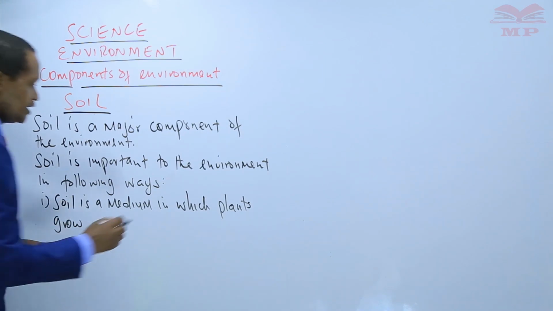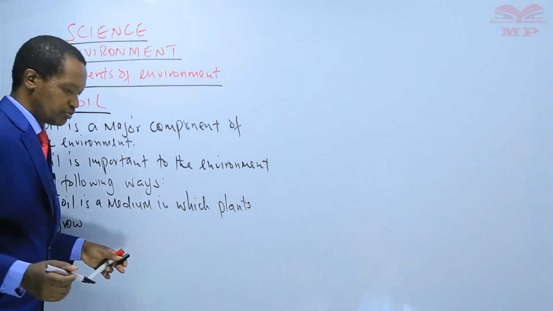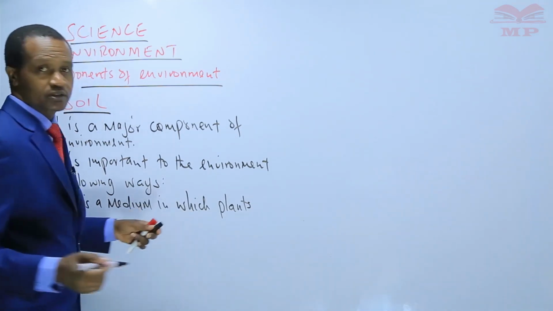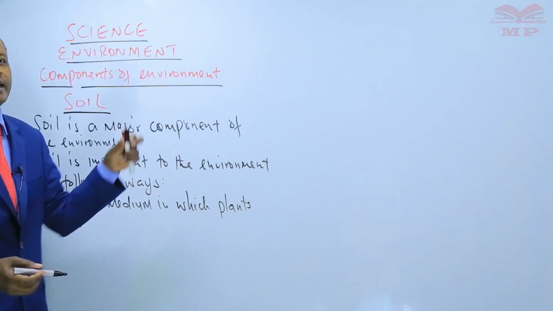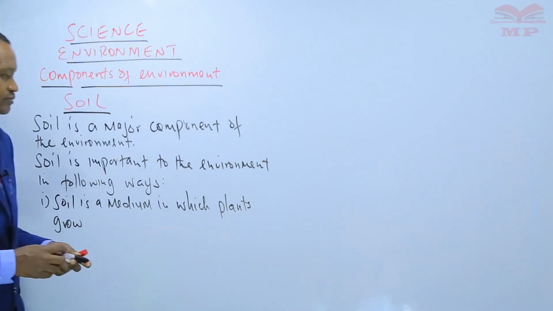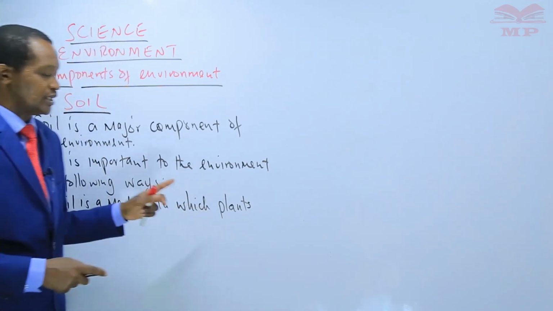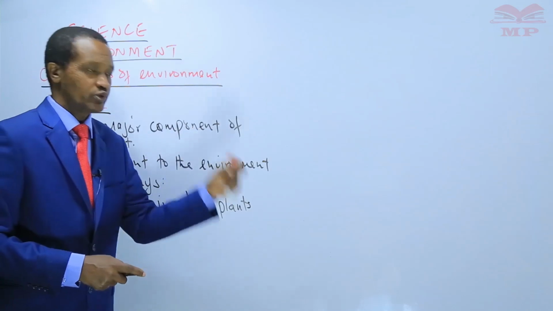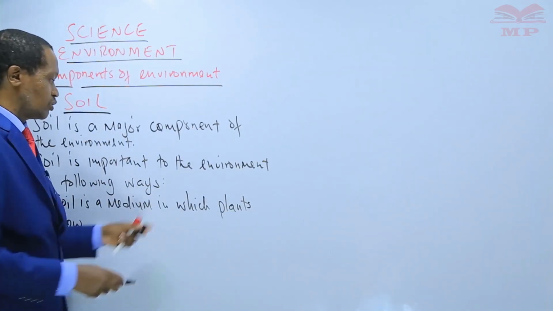Soil is a medium in which plants grow. If you want to plant crops, then the crops have to be planted in the soil. Plants cannot grow anywhere else. Plants are supported by soil. It's a medium in which plants grow.